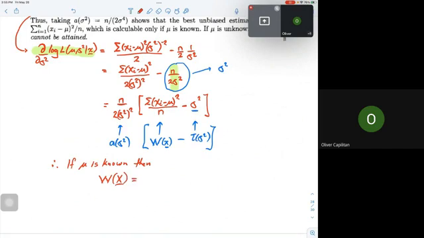Equal siya sa the summation of the random sample xi minus mu quantity square, i from 1 up to n, divided by n. Okay, ito siya, attains the Cramer-Rao lower bound.